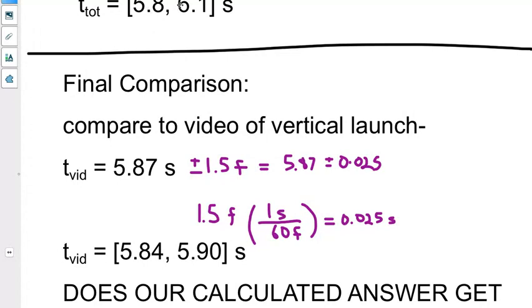Our calculation says our answer is somewhere between 5.8 and 6.1, which means the actual answer fits inside of our range of uncertainty. That's what you call a positive result. When the actual fits inside your range, you've verified with that experiment. So this actually worked out real well. I did not know ahead of time whether this would work, but based on what we did, it did.